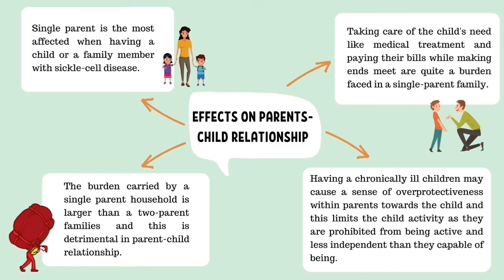The parent also needs to take care of the child's needs, like medical treatment and paying bills, while making ends meet, which is quite a burden in a single-parent family. Having a chronically ill child may cause a sense of overprotectiveness in parents towards the child, and this limits the child's activity as they are prohibited from being active and less independent than they are capable of being.